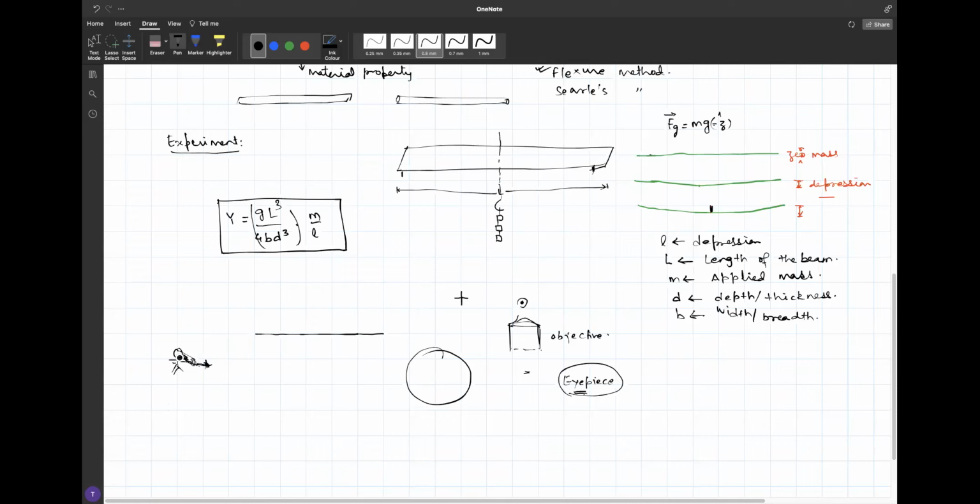I am using my lens, which is my eye, but since it's a very small depression and I cannot see it carefully by eye, I use the eyepiece of the microscope, which is forming an image through the objective of the depression that is happening.